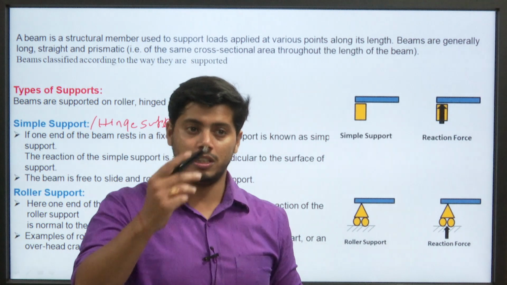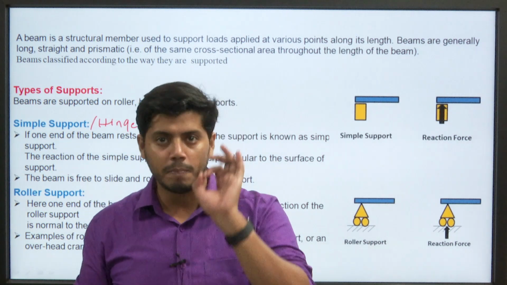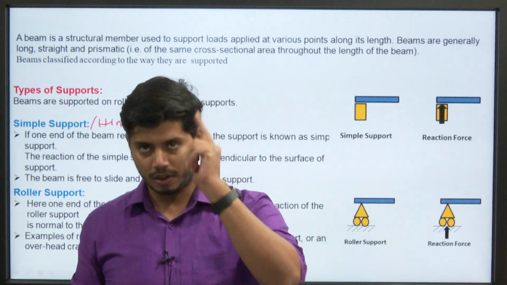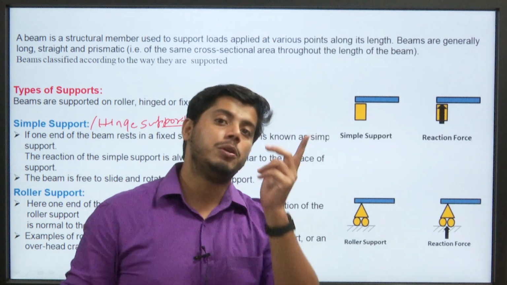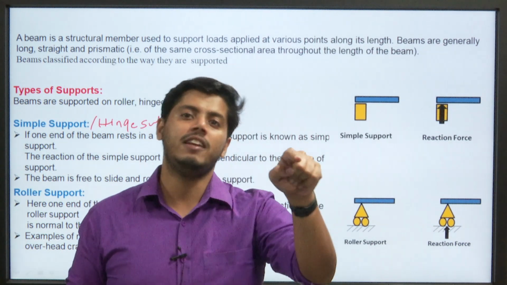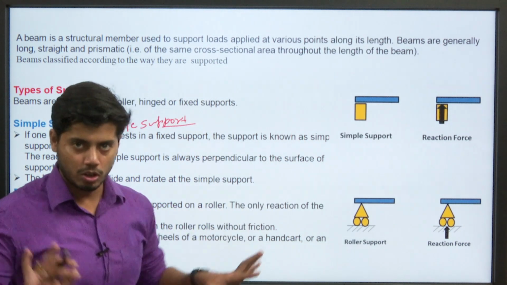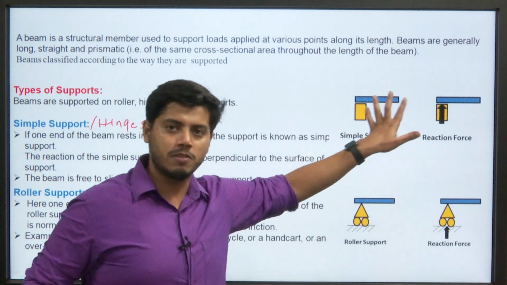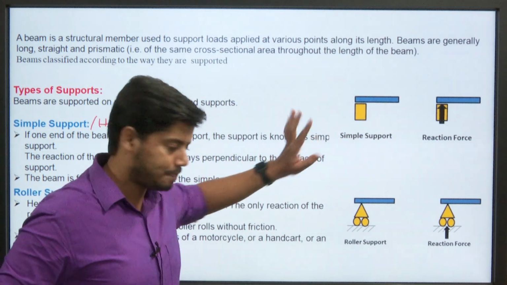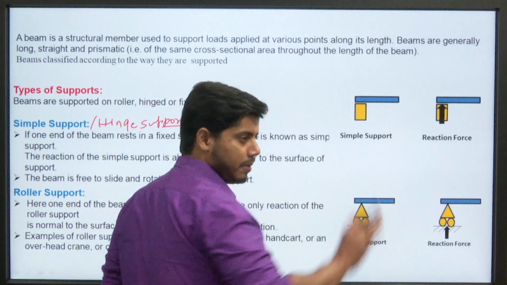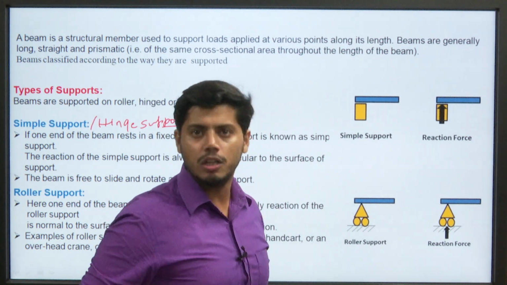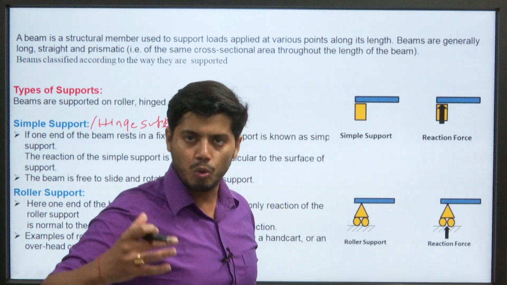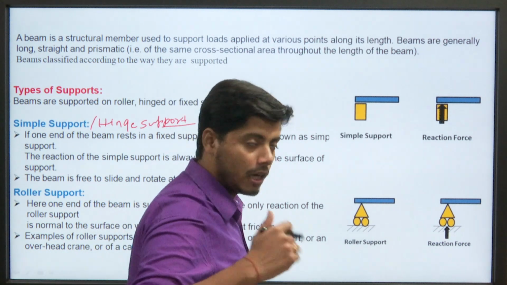This force applied on the surface of a beam is known as reaction, and this reaction is developed from Newton's third law, that is, every action has an equal and opposite reaction. This is an example of a simple support. We have placed a beam that has some kind of load, some self weight.